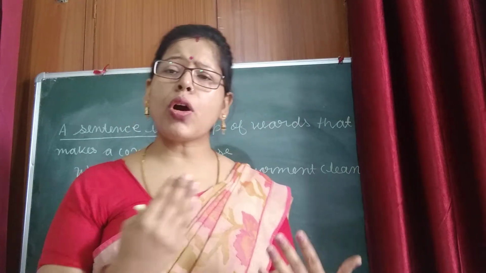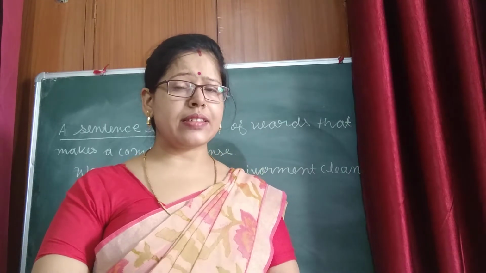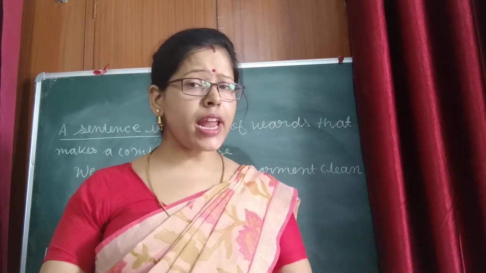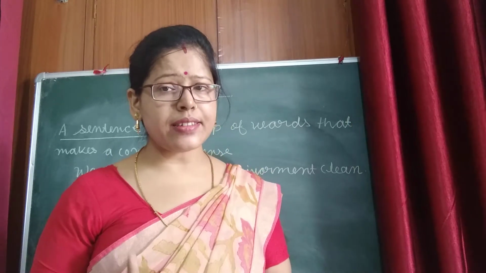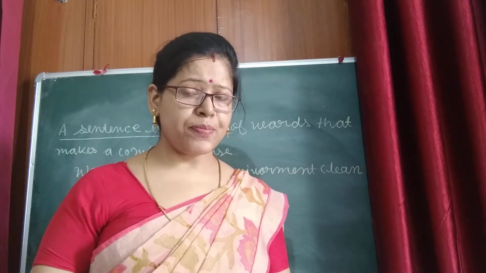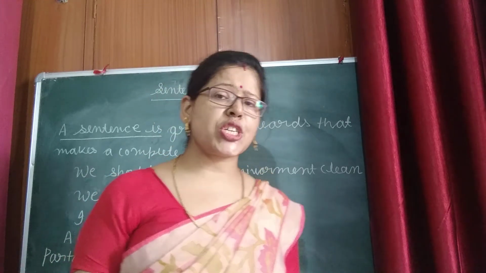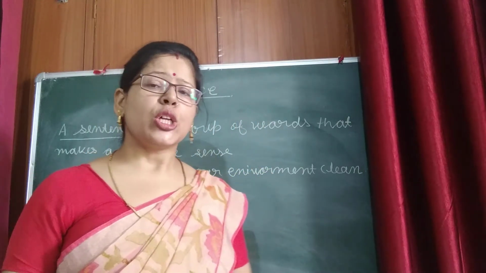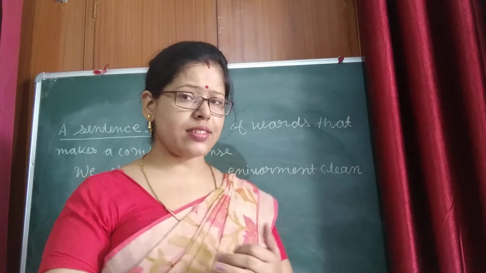Sometimes a group of words makes a sense but not complete sense. In that condition, we cannot say that is a sentence. So what is the first condition to be a sentence? A group of words that makes a complete sense, that gives us a complete meaning. In that condition only we can say those group of words is an example of a sentence.